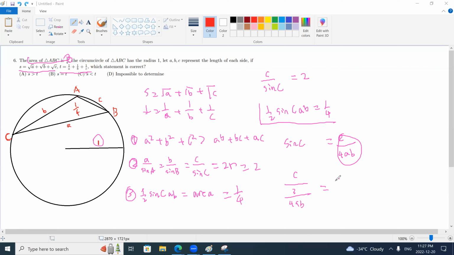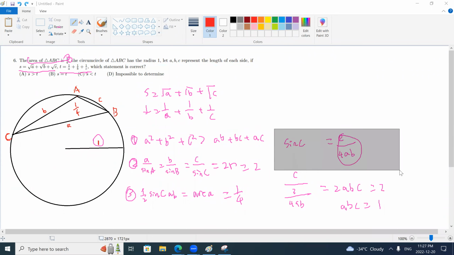This is equal to, the 4ab flips up to the top, so that's 2abc. This is also equal to 2, remember, so abc is equal to 1. Okay, so we got our first conclusion, and that is abc is equal to 1.